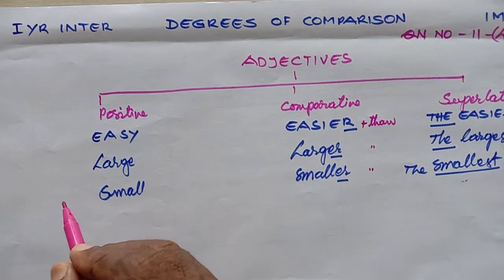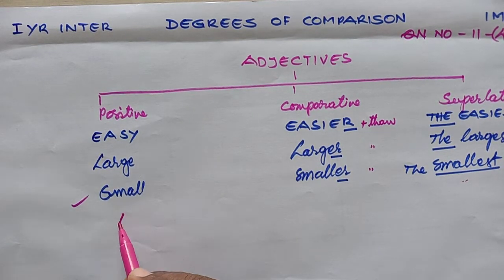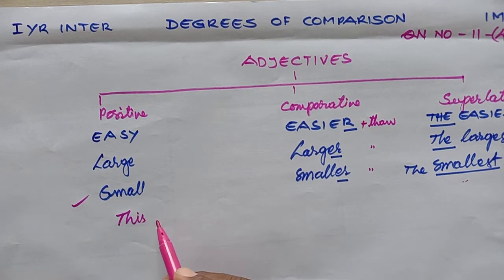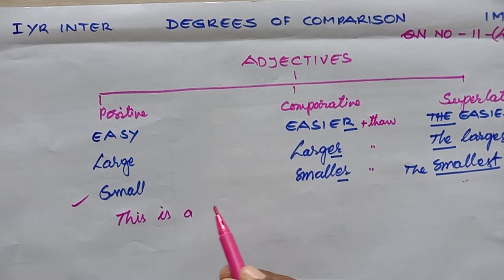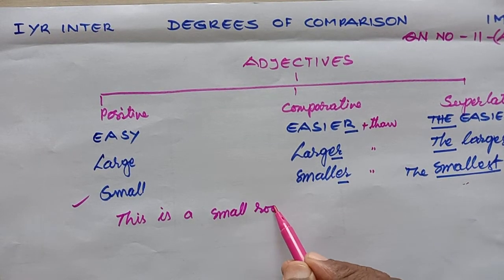For example, let us write one sentence from this. This is a small room.